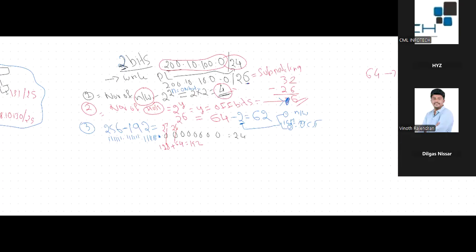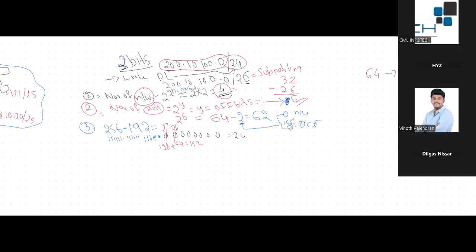How will you write those networks? That is the next task. How can we identify it? 256 minus 192, or 256 minus the decimal value of your extra bits on. The extra bits turned on are 25 and 26.